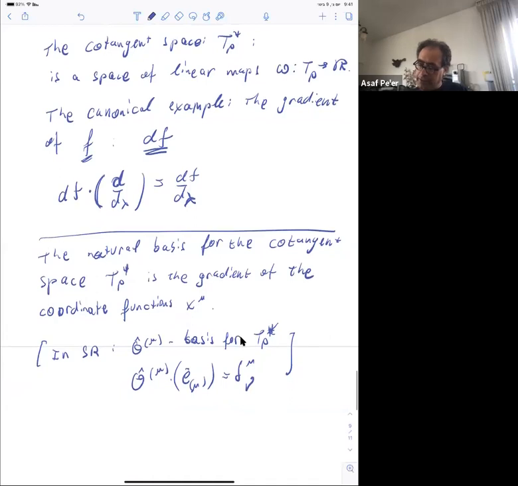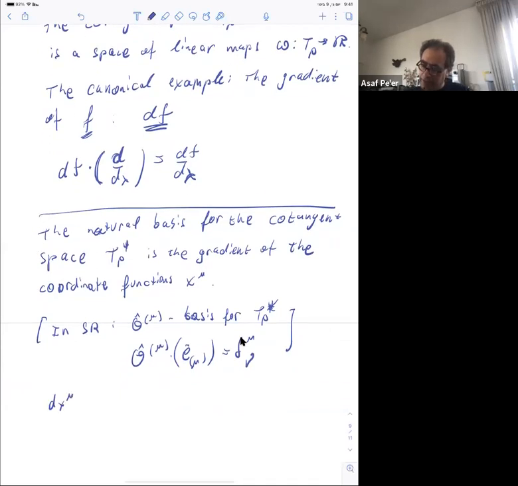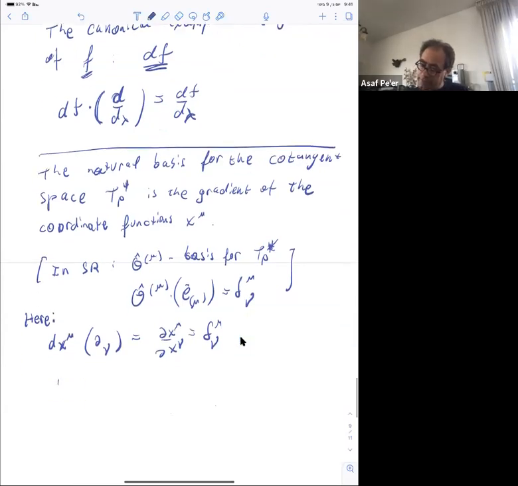Here, of course, we have dx mu as a basis that acts on d nu. Well, it's just dx mu over dx nu, which is just delta mu nu. So it's the same thing, which means that the set of gradients dx mu provides an appropriate basis for the one forms.